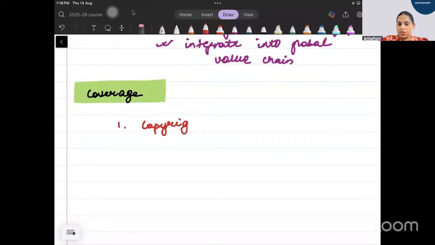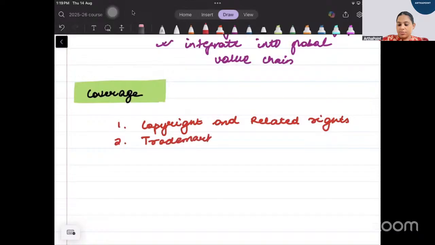copyright and related rights. Number two, trademark. Number three, we talked about this a bit in the last class, geographical indications.